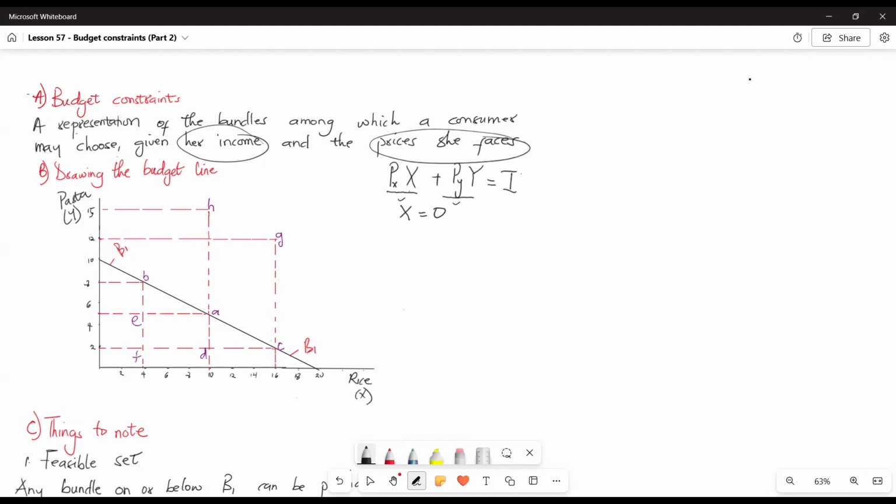Using this budget constraint, we also mentioned previously that if the consumer does not buy any of good X and spends all their income buying Y, this brings our equation to just PY times Y equals I, because the X bit is now 0.